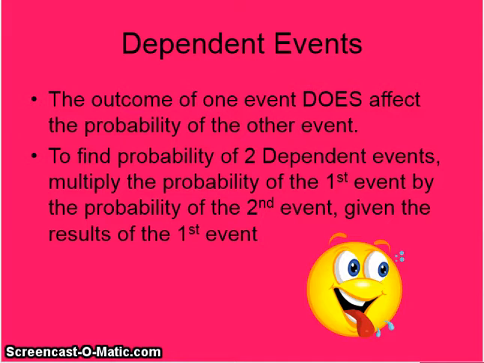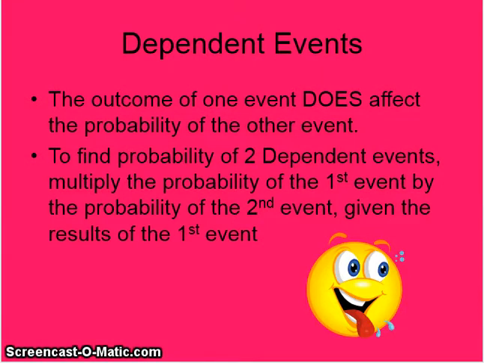Dependent events are events in which the outcome of one event does affect the probability of the other event. To find the probability of two dependent events, it's very similar to finding the probability of independent events. You simply multiply their probabilities. However, the second event is affected by the first, so your probability in the second event is going to be calculated a little differently.